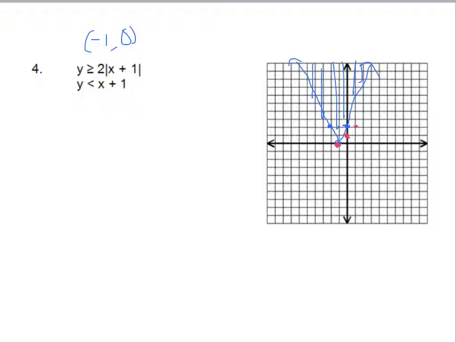It's got the same point there. And then it's a dotted line. And let's see, it's less than, so I'm going to shade below.